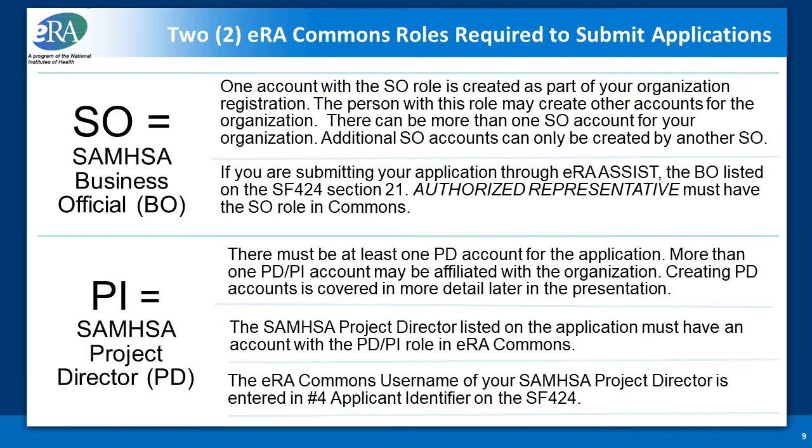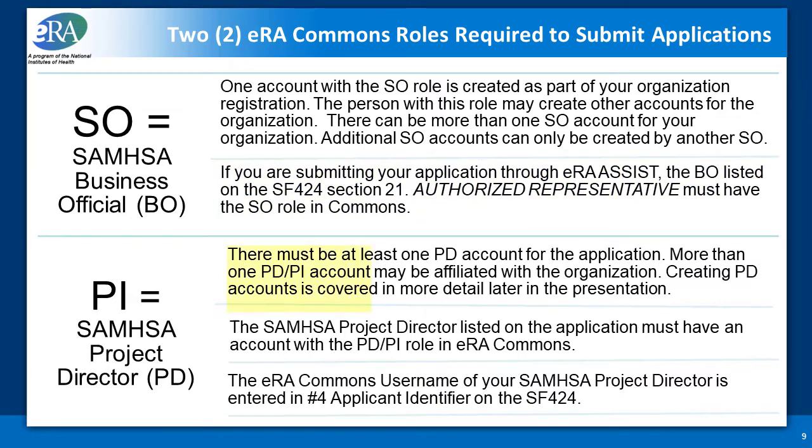The SAMHSA Business Official, entered on the SF 424, Section 21, Authorized Representative, must have an account in ERA Commons with the SO role. If you decide to submit your application through ERA Assist, the person submitting the application must have an account with the SO role.